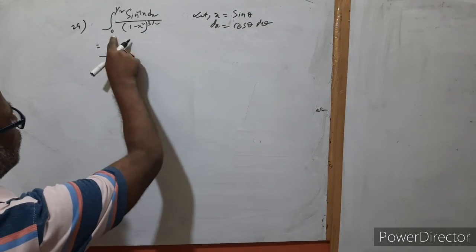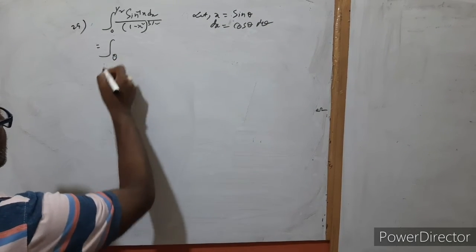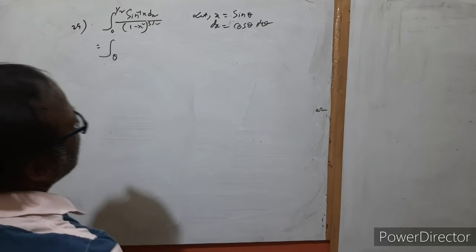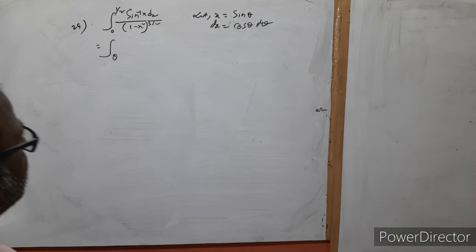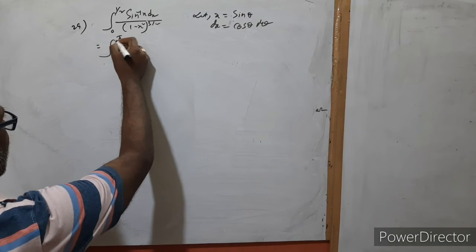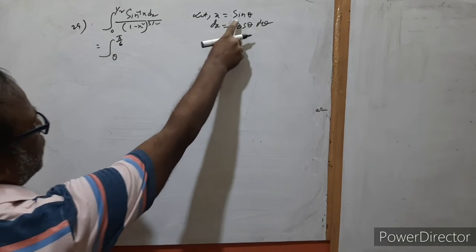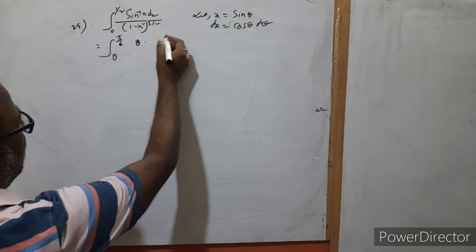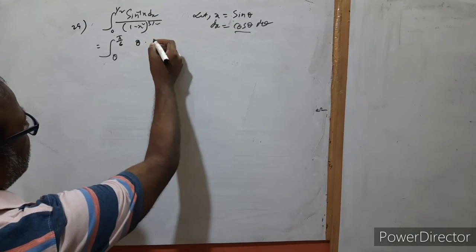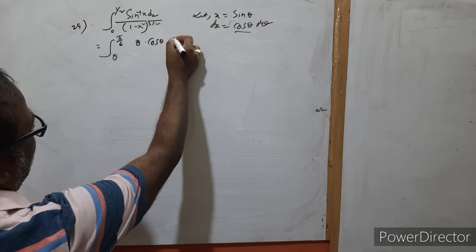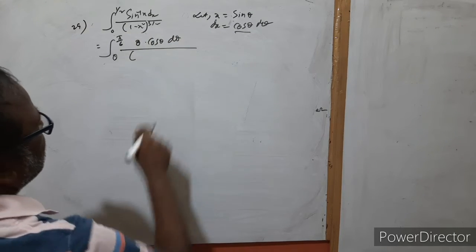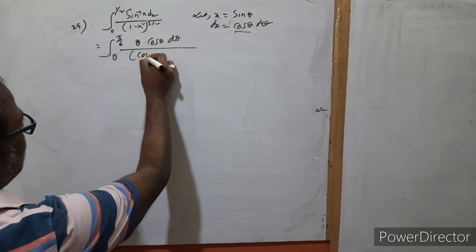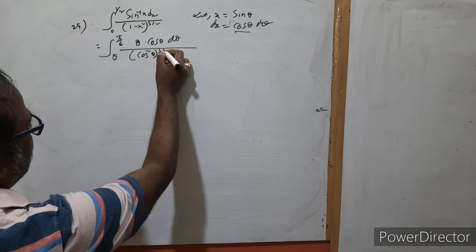From that, if we put 0 here, the limit of theta is 0. If we put half here, then the value is sin 30, which is pi by 6. So sin inverse x is equal to theta, and dx means cos theta d theta, all divided by 1 minus sin square, which means cos square, cos square whole to the power 3 by 2.